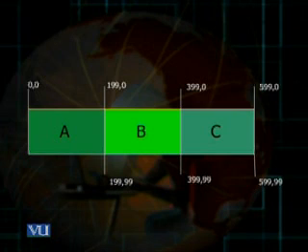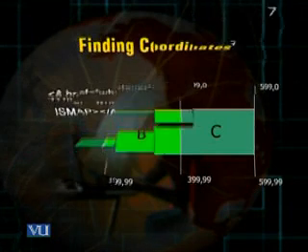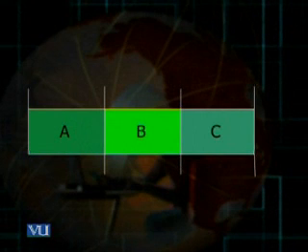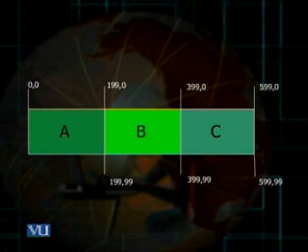What I can do is view this image in the browser. I create a dummy HTML file using the ismap attribute in the image tag. Then after applying that image tag within the anchor tag, as I told you, I can know the coordinates of the regions A, B and C, which appear in the status bar of the browser window.